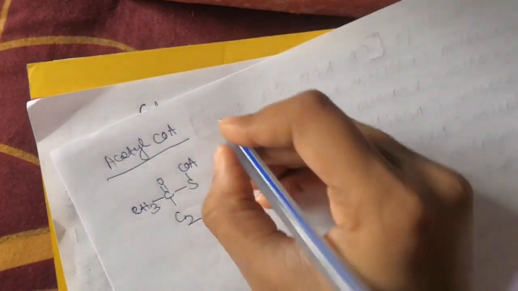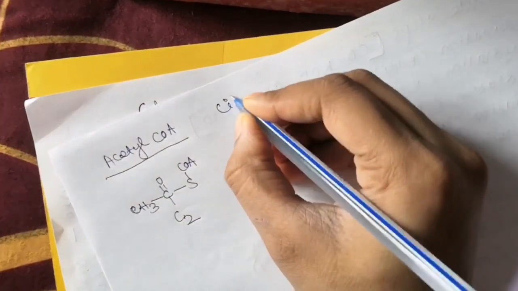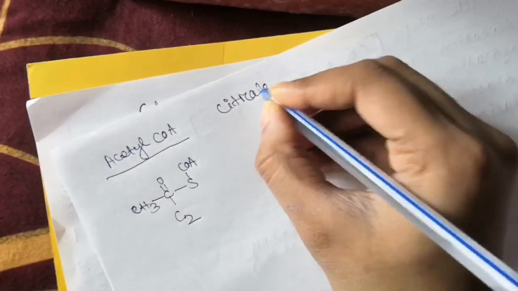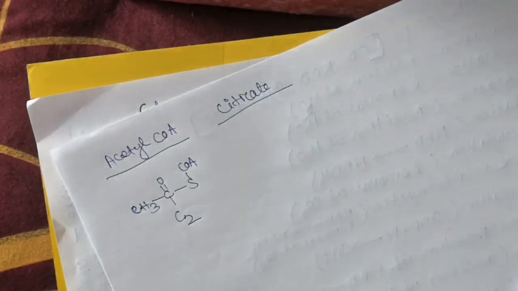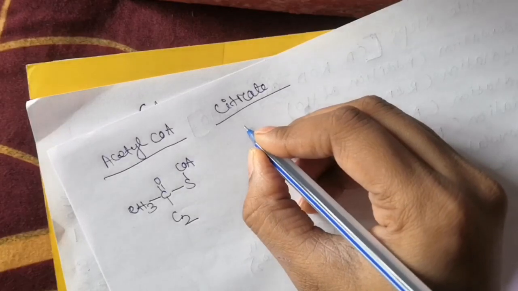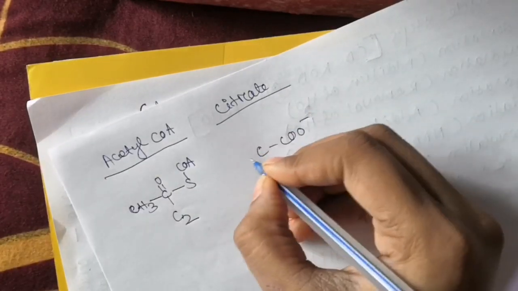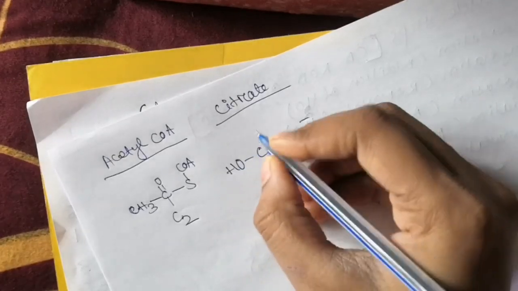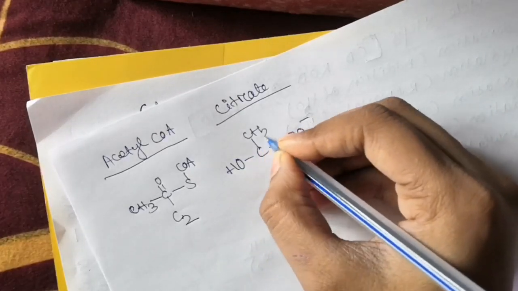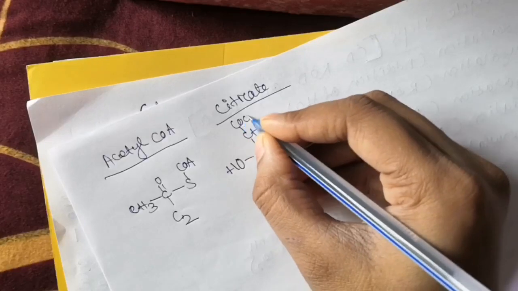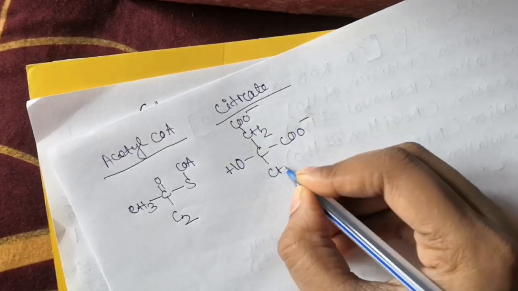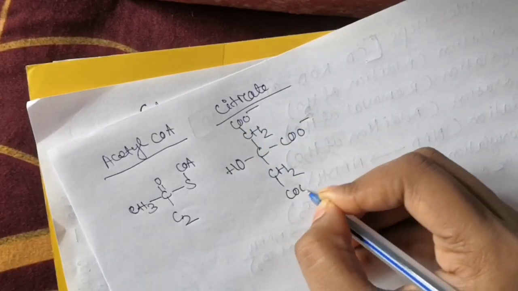Next is citrate. The structure is CH2 COO minus, C OH COO minus, CH2 COO minus.